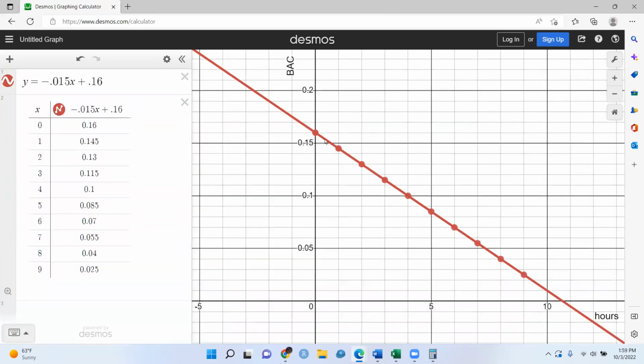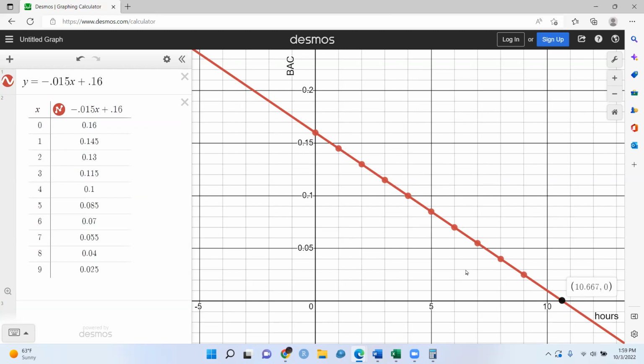And you can see that we're seeing how much alcohol is in the blood, the percentage of it over time, and you can see where it's going to be 0, based on the theory of how alcohol is processed in the body, that it leaves at a constant rate.